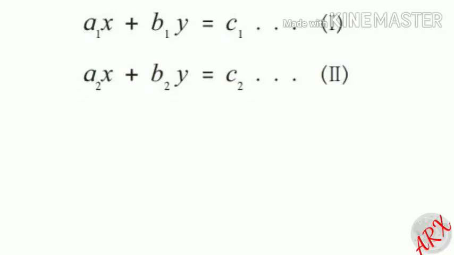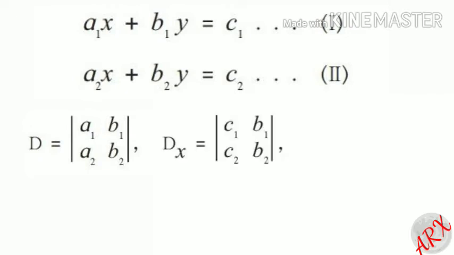To solve by Cramer's method, the equations are written in the form a1x plus b1y equal to c1 and a2x plus b2y equal to c2. Here, x and y are variables whereas a1, b1, c1, a2, b2 and c2 are real numbers. First we will take determinant D, that is a1, b1, a2, b2.